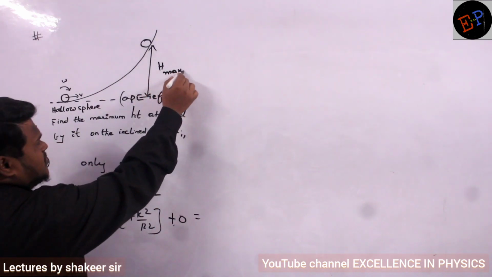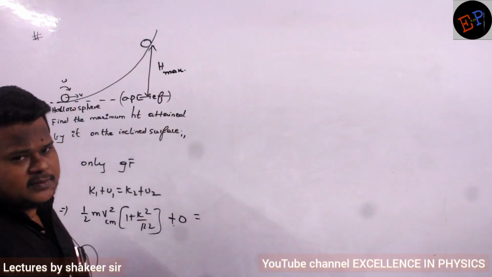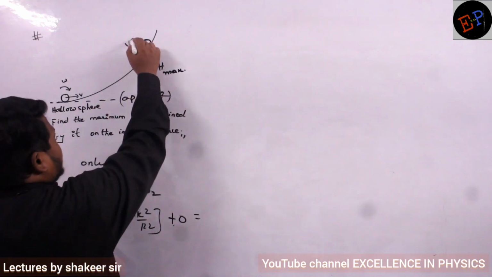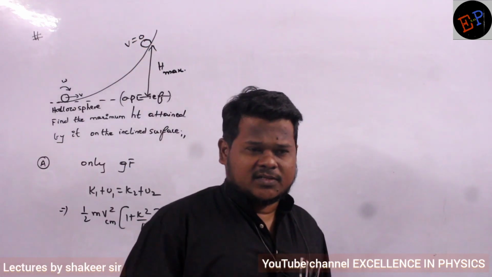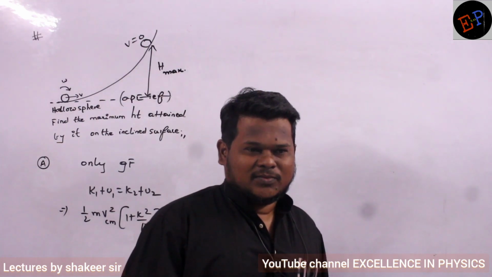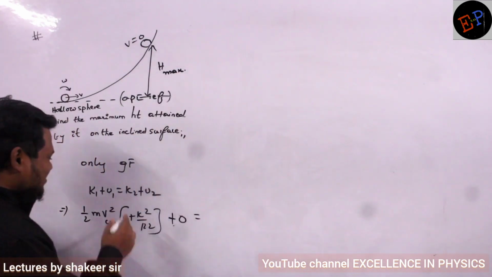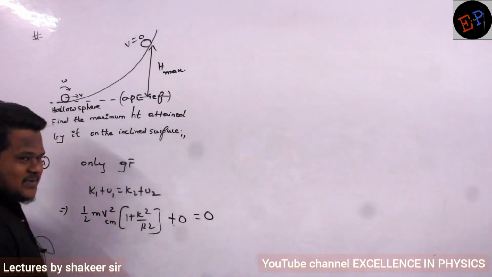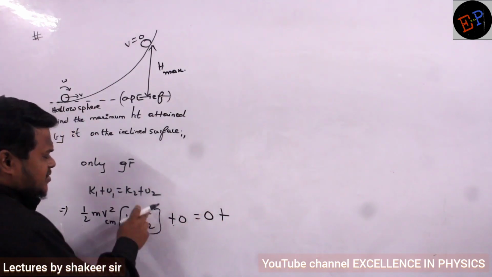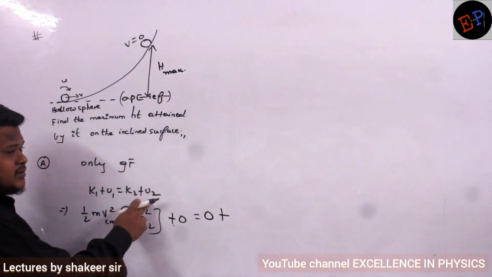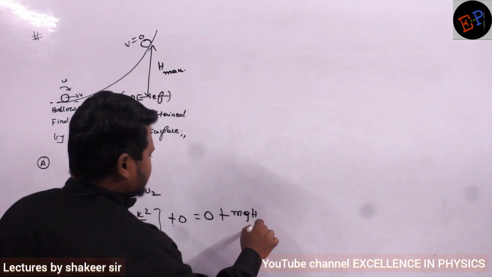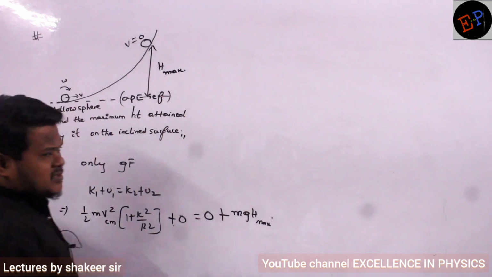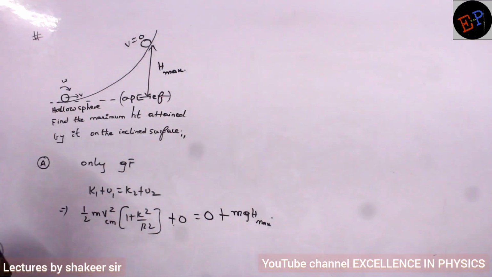After reaching the maximum height, what will be its velocity? 0. Final velocity will be 0. Both translational and rotational velocity are 0, so both kinetic energies are 0. Final potential energy is mgh max, because it is above the reference.